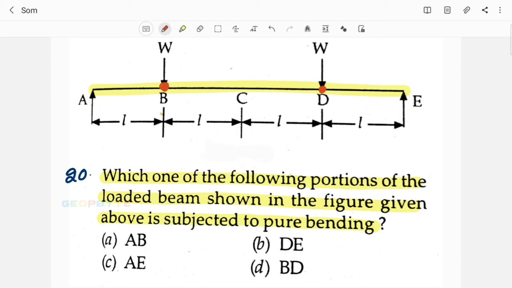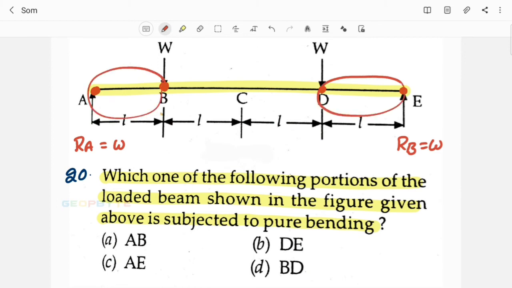The load at B and the load at D are at equal distances from both supports A and E. Therefore, RA equals W, RB equals W. If RA equals W and RB equals W, then the shear force is appearing in this region and in this region.